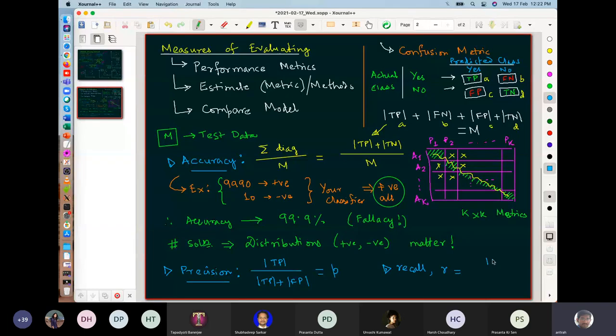So it is the number of true positives divided by the number of true positives plus false negatives, the row-wise. So how well I am recalling my prediction with respect to an actual class. These are the primary dominant metrics that people use to judge the performance of a classifier. However, both precision and recall have some merits and demerits.